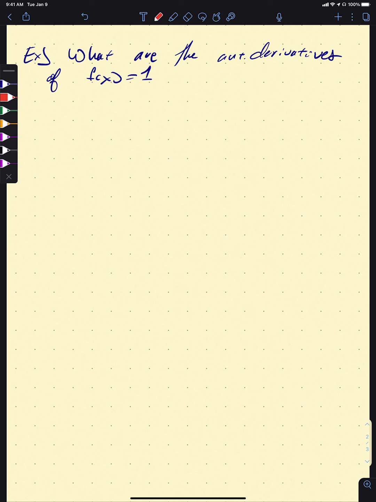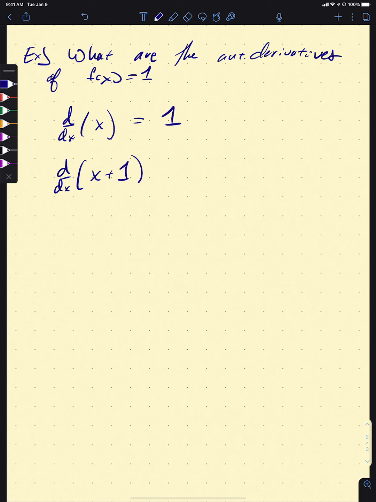Well, let's think about this. If we take d dx of x, that's going to be 1. As we saw in the last one, if we were to take the derivative of x plus 1, that's also going to give us 1. We could do x plus 2.